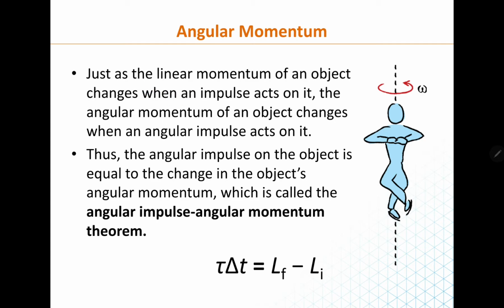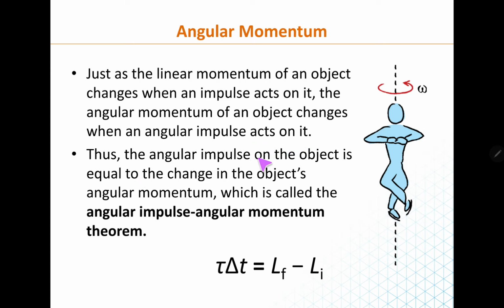Just as the linear momentum of an object changes when an impulse acts on it, the angular momentum of an object changes when an angular impulse acts on it. In a previous video, we said that the linear momentum of an object changes when an impulse acts on it. Here also, the angular momentum changes when an angular impulse acts on it.